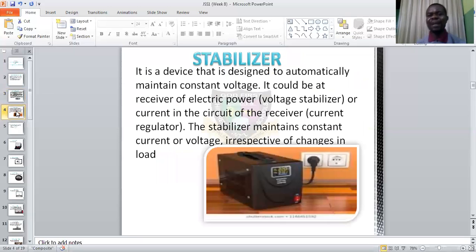Let us look at the stabilizer. We have all these in our homes. The word stabilize means to make it stable.